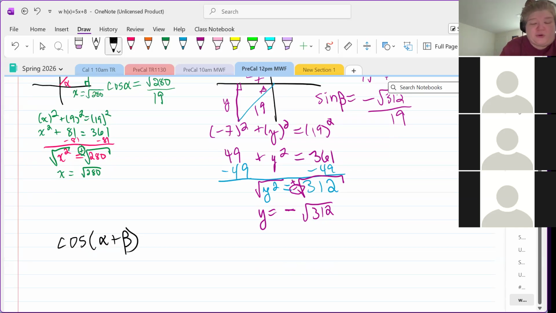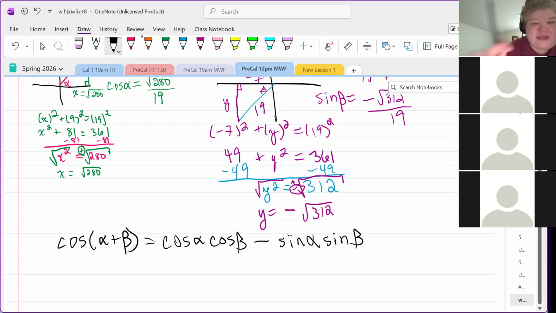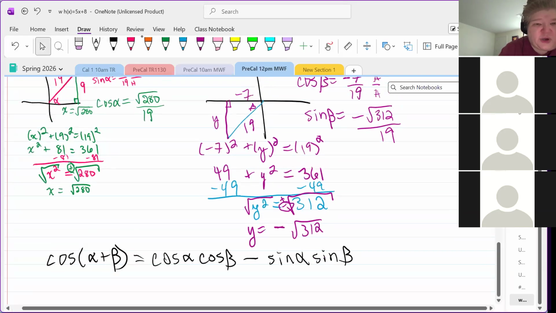We'd go look up cosine alpha plus beta. This formula is cosine alpha cosine beta minus sine alpha sine beta. So now we're going to fill in the pieces we know. So cosine alpha we have as the square root of 280 over 19.